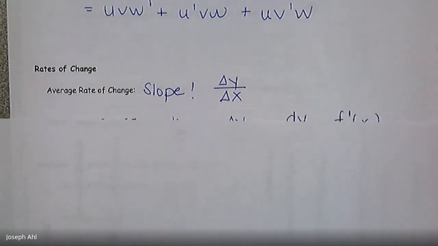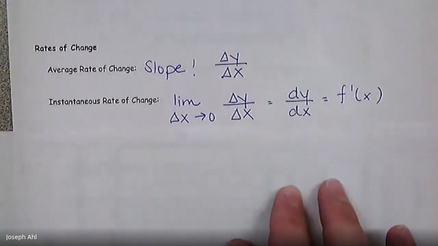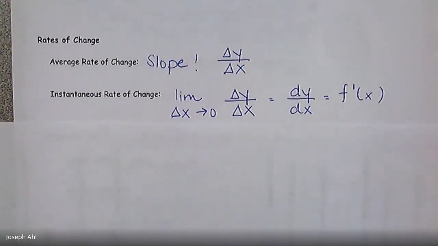But if we talk about an instantaneous rate of change, that's going to be the slope of the tangent line, right? That's the slope at a given moment, at a given point in time. So in this case it is the limit as delta x goes to 0 of that slope, which we know results in a derivative. So just the difference between average rate of change, slope of the secant, and instantaneous rate of change, slope of the tangent line.